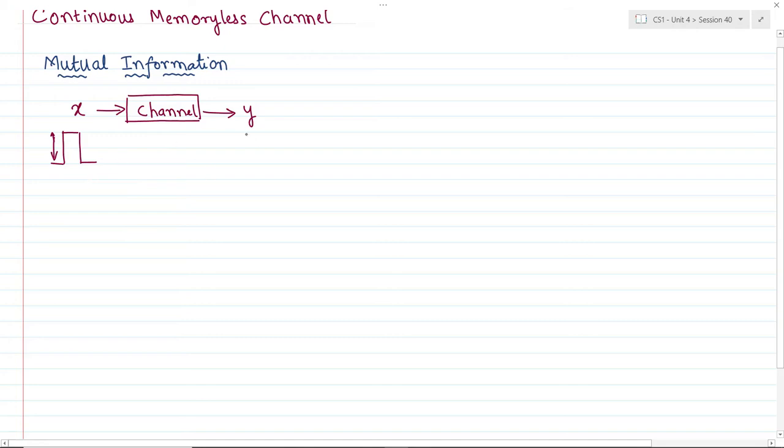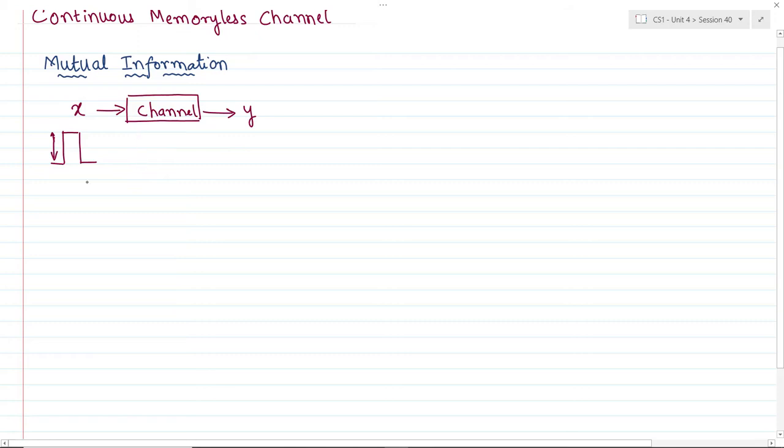The message recovered by the receiver will again be a continuous random variable. Of course, if the channel was noise free, then the received value can uniquely determine what is actually transmitted by the transmitter.